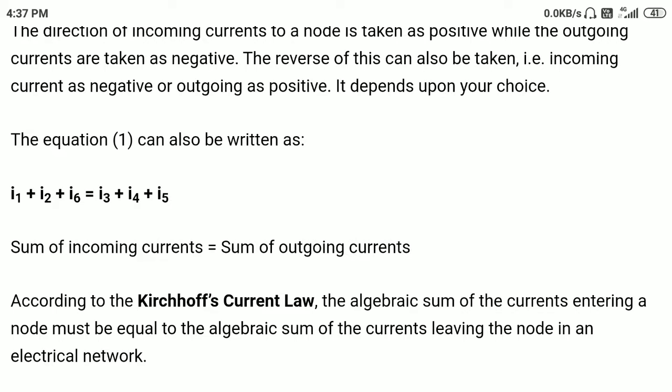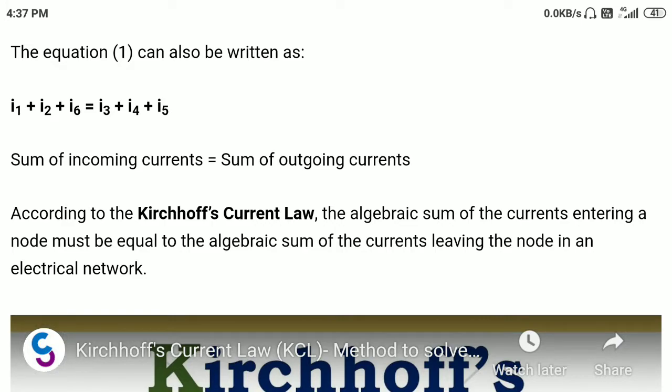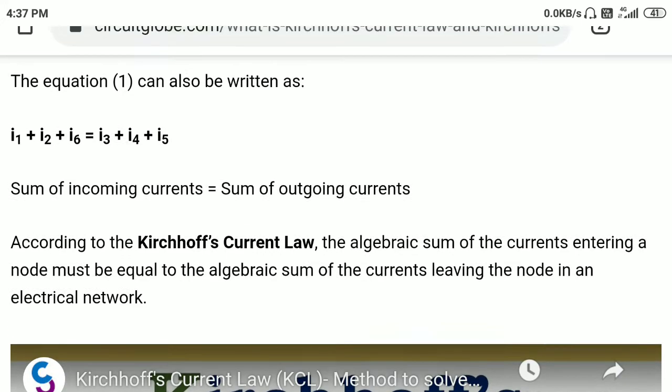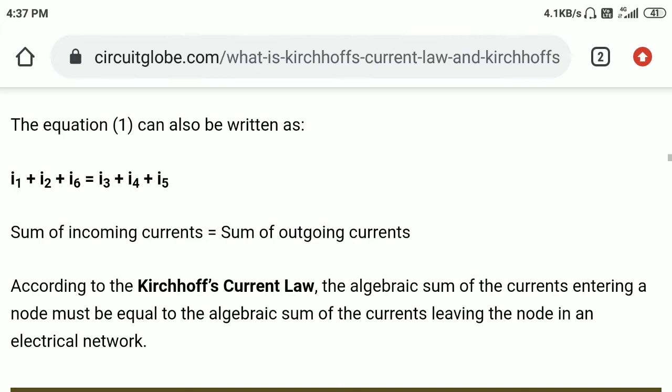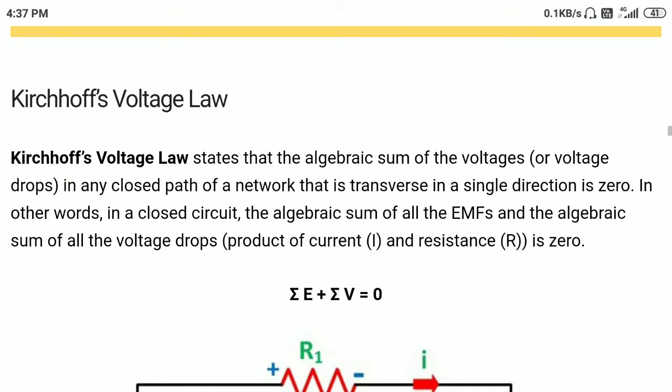That means the sum of incoming currents is equal to the sum of outgoing currents. So according to Kirchhoff's current law, the algebraic sum of the currents entering a node must be equal to the algebraic sum of the currents leaving the node in an electric network.